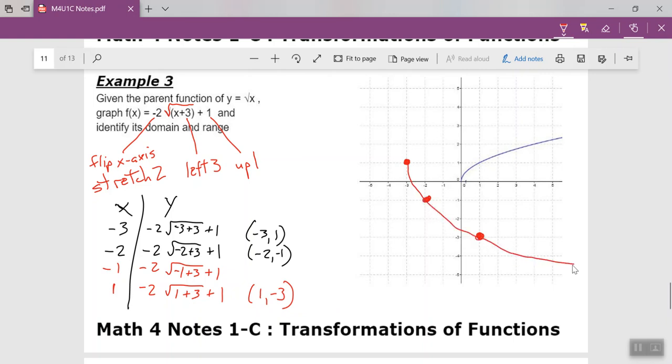So the thing is that because there is a 2 up front, this guy is getting stretched twice as far, and because it's negative, it's going down instead of up. And so instead of over 1, down 1 over 1, it's down 2 over 1. You go twice as far. Instead of down 2 over 4, it's down 4 over 4. Instead of down 3 over 9, it's down 6 over 9.